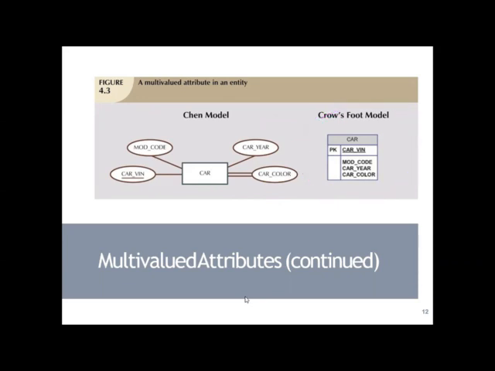So we can see that car vehicle information number is the primary key, and then the others are our attributes: model code, car year, and car color. But in the cross-foot model, we cannot see what is the multi-value attribute. But in the chain model, we can see that car color is represented by the double line.